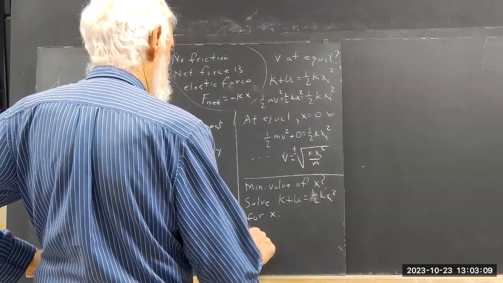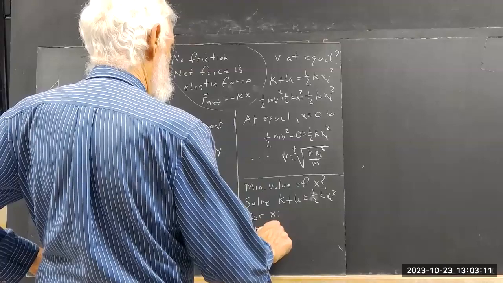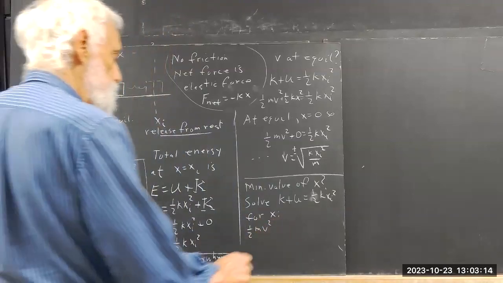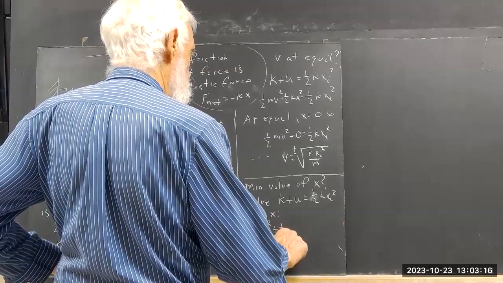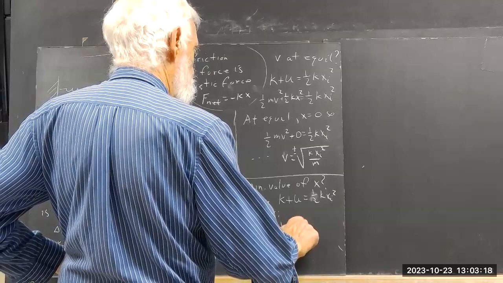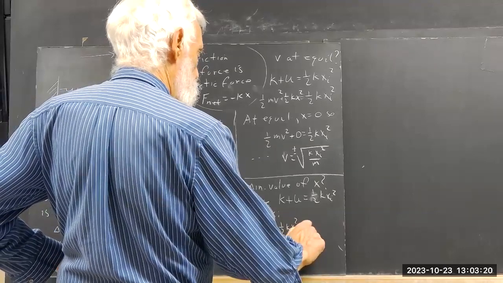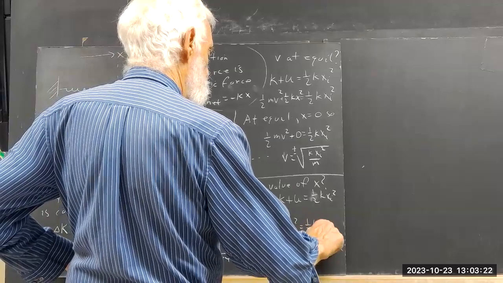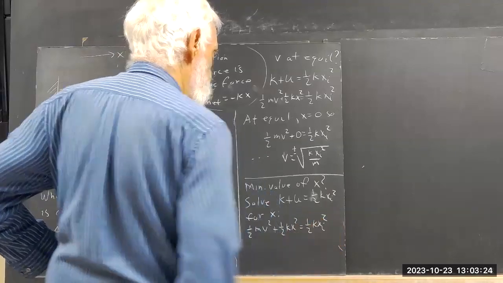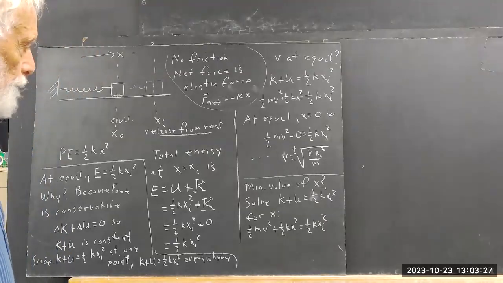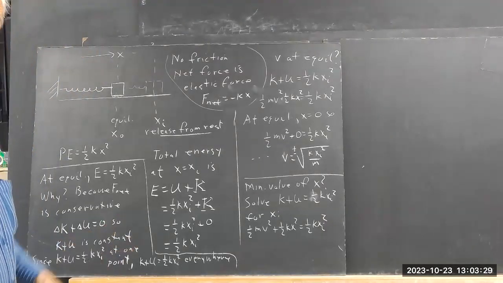Now that's going to be 1/2 mv squared plus 1/2 kx squared equals 1/2 kxi squared.